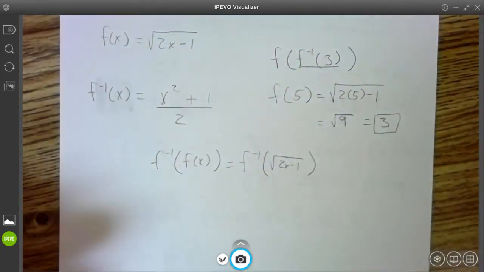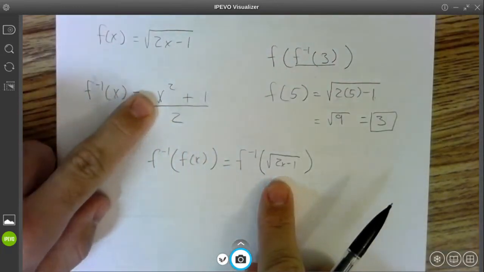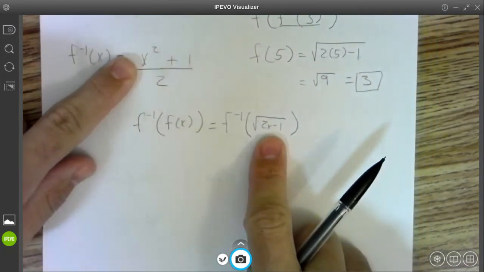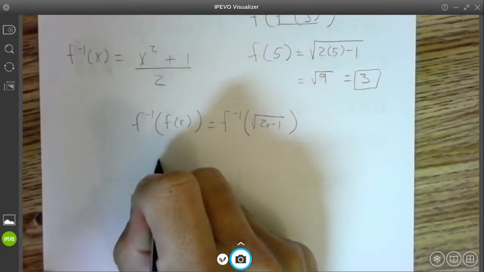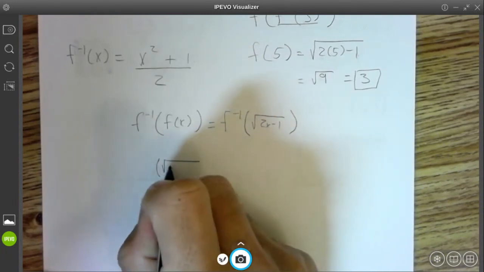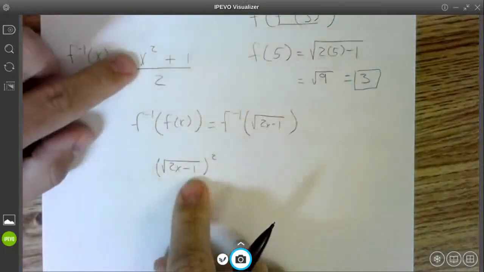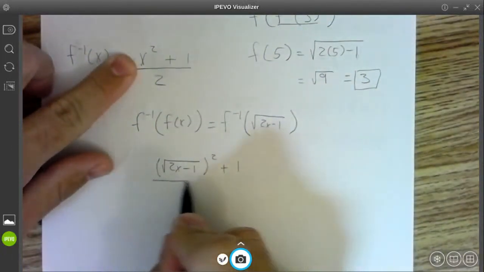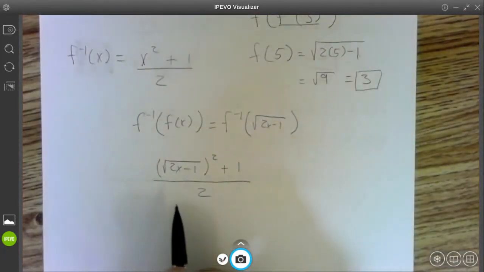So what this means is I'm going to go up to my f inverse function here and replace that x with whatever is right here. So this is going to be parentheses, the square root of 2x minus 1, all of that stuff squared, and then plus 1, over 2.